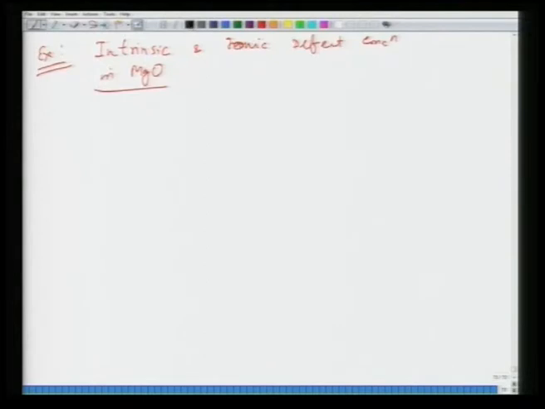Consider MgO, which, as we know, has Schottky defects, and the defect formation energy delta Hs is about 7.7 electron volt.